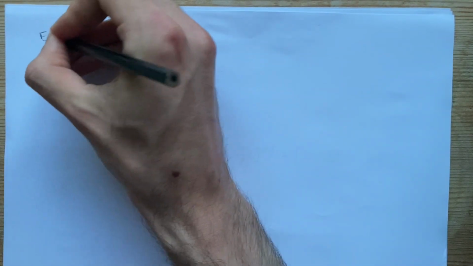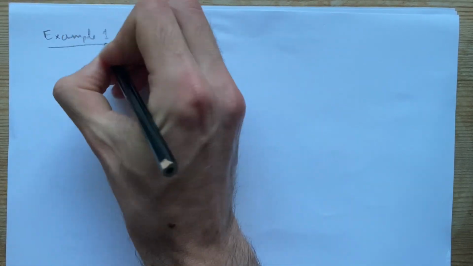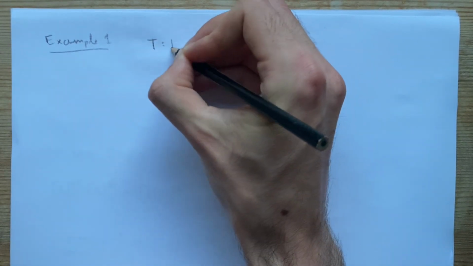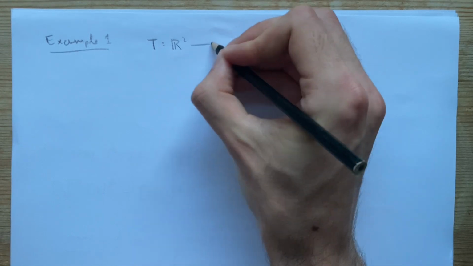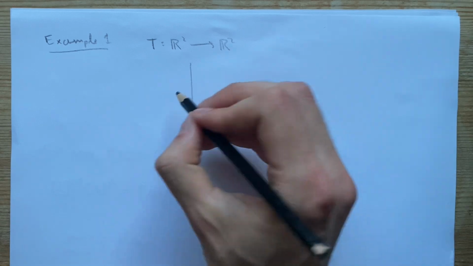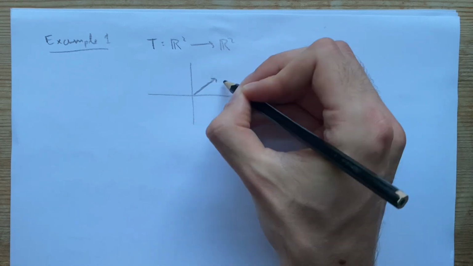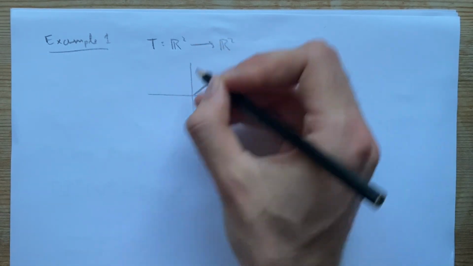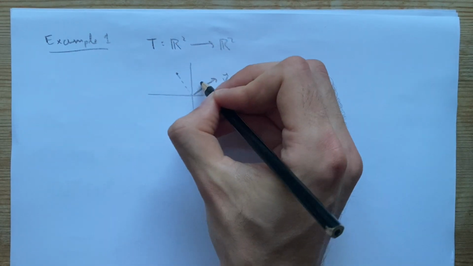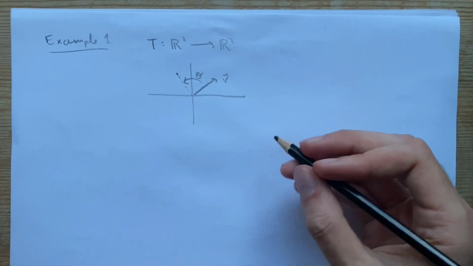So the first example will be of a rotation. We will take as linear transformation a linear endomorphism of the plane, which is rotation by an angle of theta. So if we start with the vector v in R2, we will look for the matrix that represents the linear transformation rotation by an angle theta.